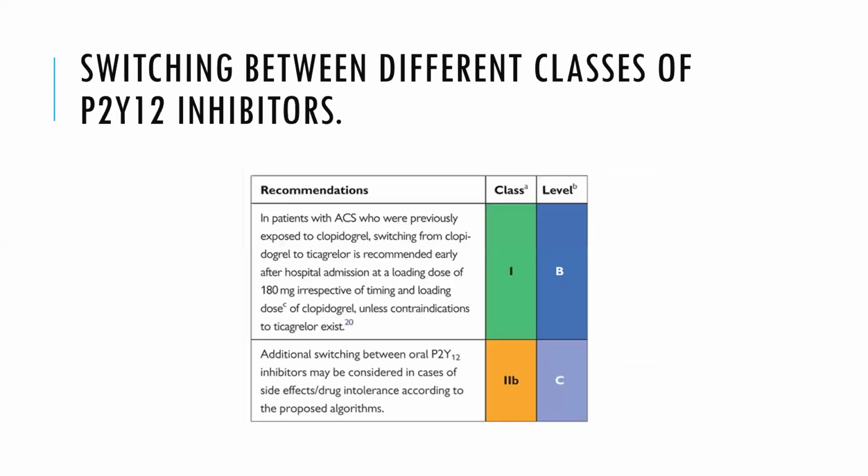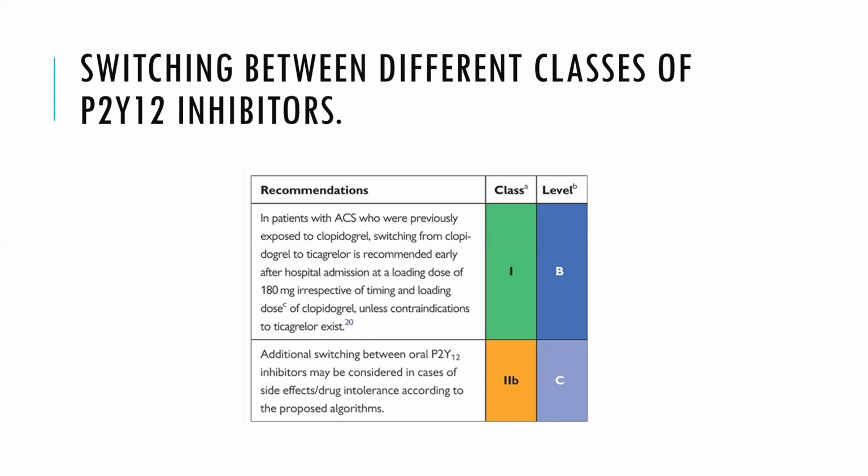Now, for patients who are on a particular antiplatelet, you can switch. Switching is allowed. So in patients with ACS who were previously exposed to clopidogrel, switching from clopidogrel to ticagrelor is recommended early after hospital admission, with a dose of 180 milligrams, irrespective of the timing and loading dose of clopidogrel, unless a contraindication to ticagrelor exists.